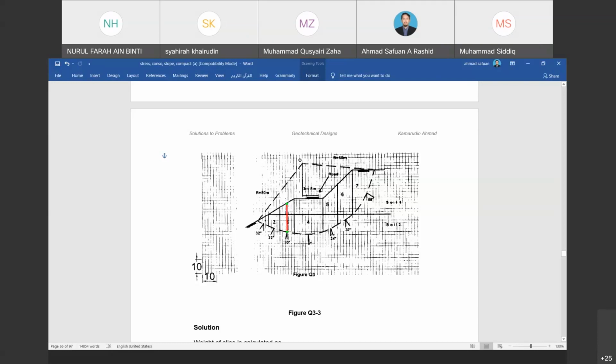Did you notice at the bottom there is a 10 degree angle? That is why I said you need a protractor to solve the problem for this example. So how do we get this 10 value? Based on the center line at the slip surface for slice number 3, you need to draw a straight line from the center of the origin, which is the O. So you draw a line, and this line should extend a little bit beyond the bottom of the slip surface.